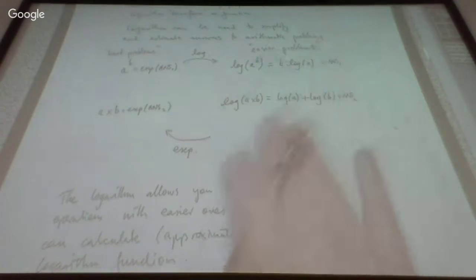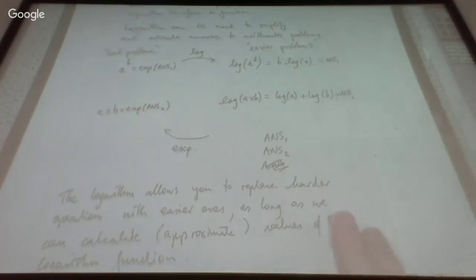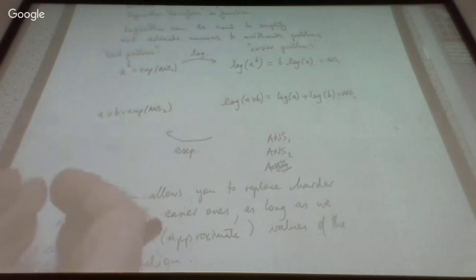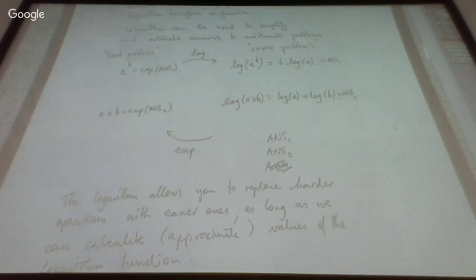We then solve the problem in the different setting, and then take an inverse Laplace transform at the end to get back the solution to the original problem, to the original differential equation. So that is how the Laplace transform operates.